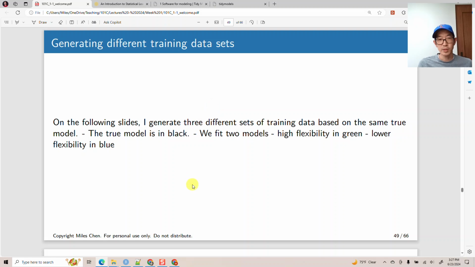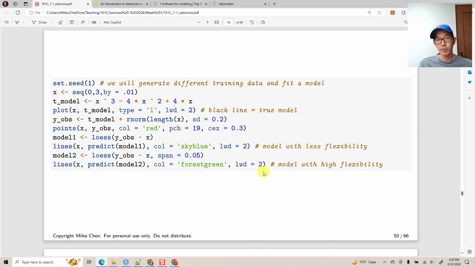I'm going to show you a few additional slides where I generate different sets of training data based on the same true model. The true model is shown in black, and we're going to fit two models, higher flexibility in green and lower flexibility in blue.